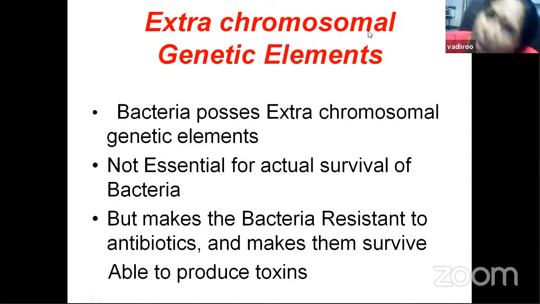I hope you are all familiar with them. These are not essential for the actual survival of bacteria, but they help the bacteria become resistant to antibiotics and survive, and also help them produce virulence agents called toxins.